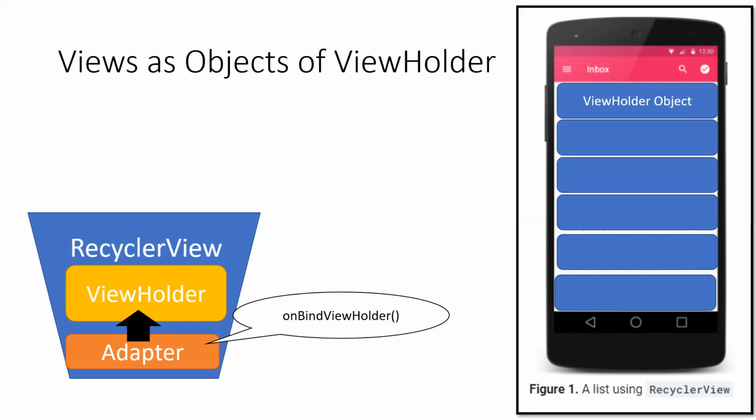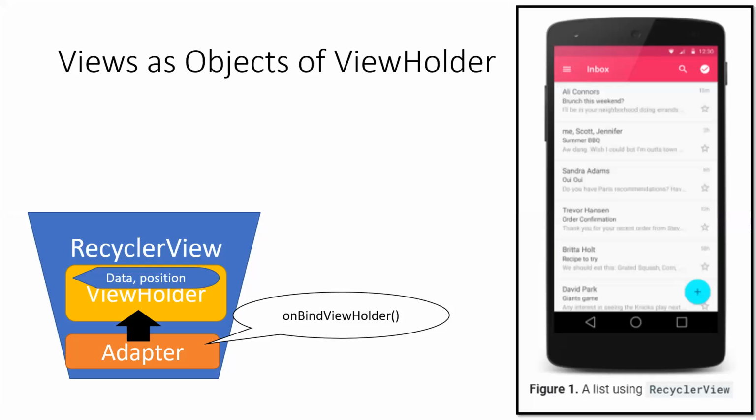So how does it do it? How does the adapter bind the data to the view holder? It calls its method called onBindViewHolder. On getting the onBindViewHolder, it loads the data into the view holder at the desired position. So if it is at the 10th position, it will load that into the 10th position, or if it is at the second position, it will load the data into the second position.